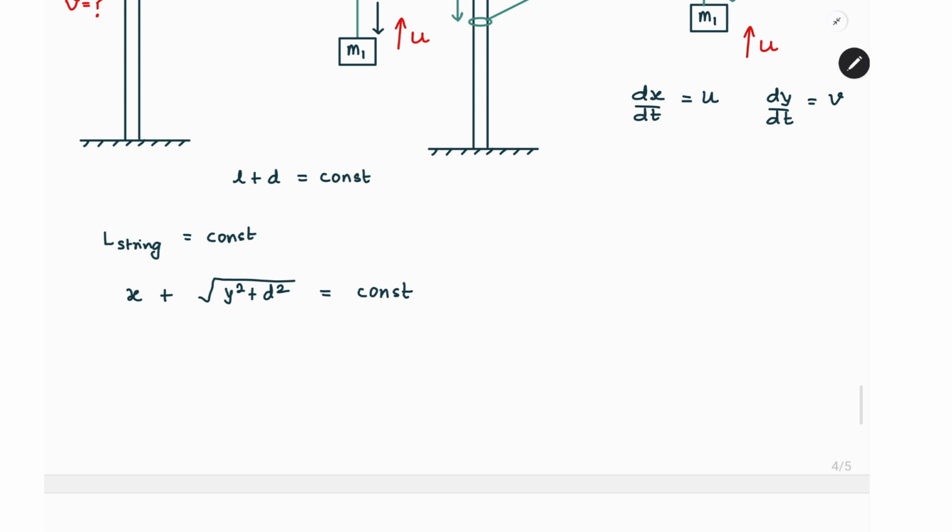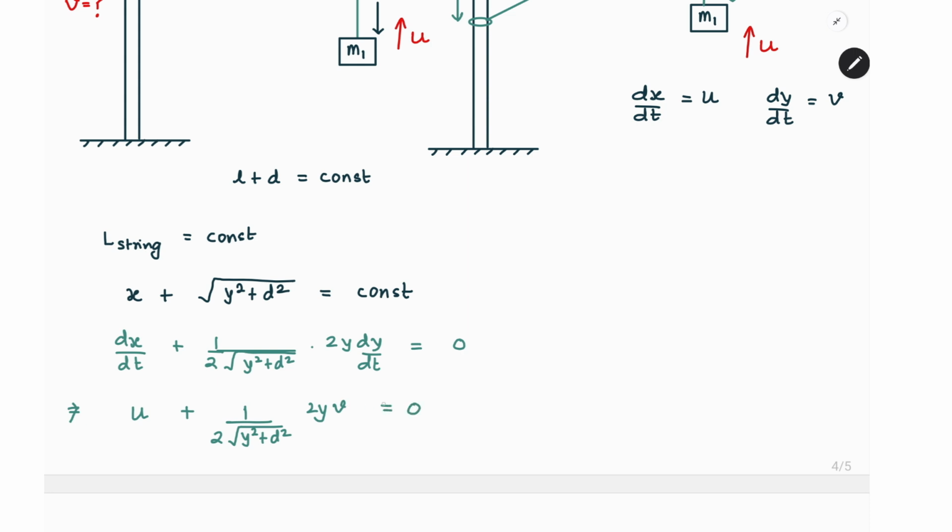Differentiating with respect to time, dx by dt plus half of root over y square plus d square multiplied by 2y dy by dt is equal to the derivative of a constant with time, which is 0. Solving this, dx by dt is u, plus 1 by 2 times root over y square plus d square, times 2y, and dy by dt is v, which we equate to 0.